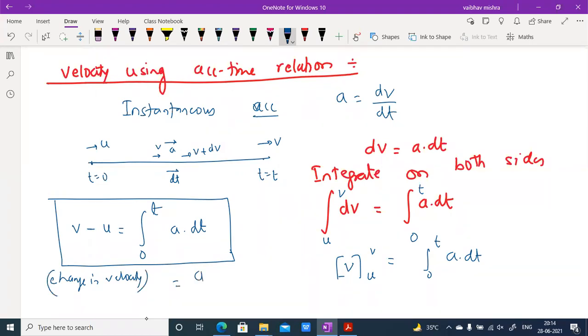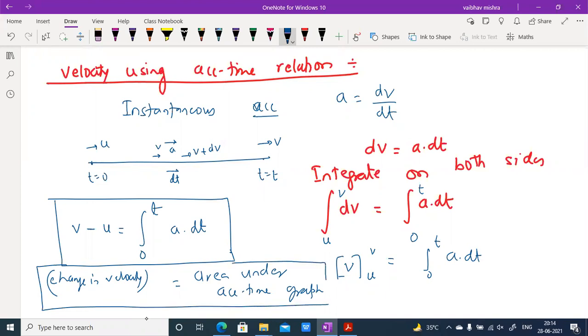It can also be calculated by area under the acceleration time graph. Right?